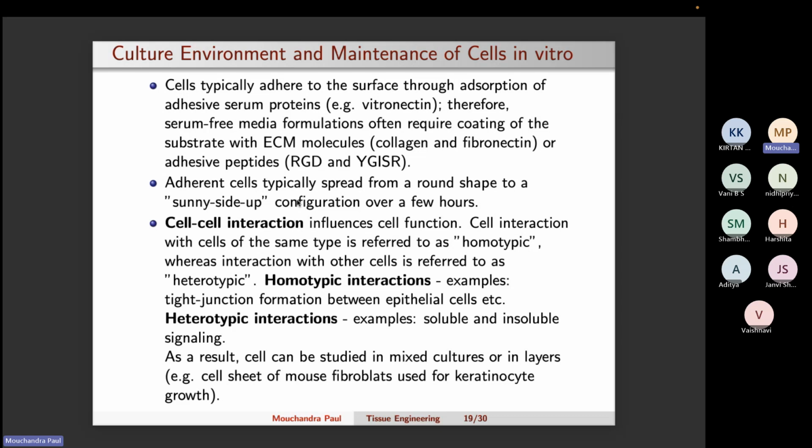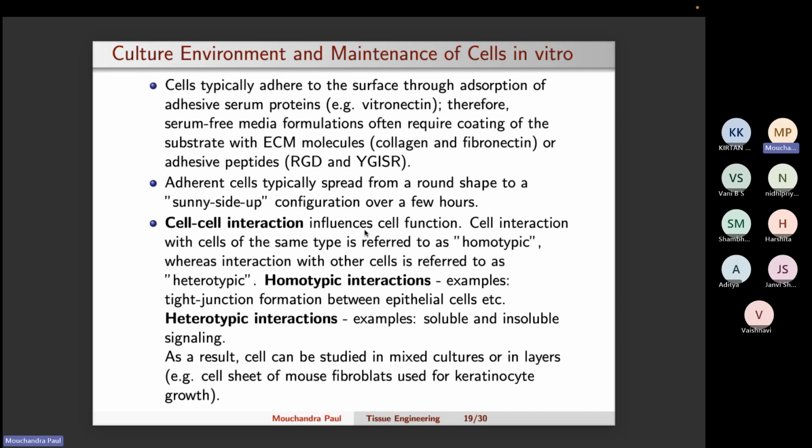If you see under the microscope, they look like sunny side up, where you can see a dark colored nucleus and a few organelles like dot-like structures. In electron microscope you can even see inside the organelles, but that is not something we do routinely. Routinely we observe whether they are in round morphology once we add the cells, and after 4 or 5 hours when you observe again, the cells have adhered and started taking their morphology.